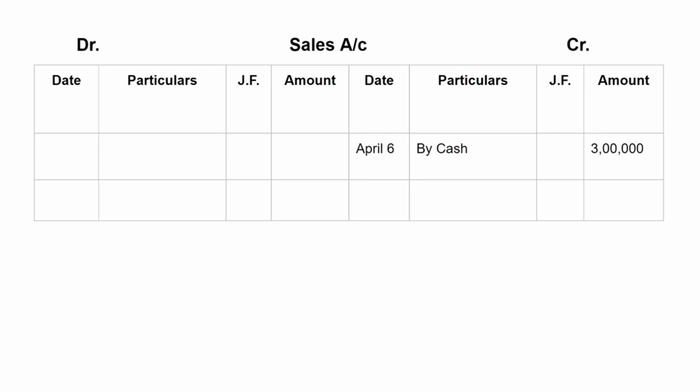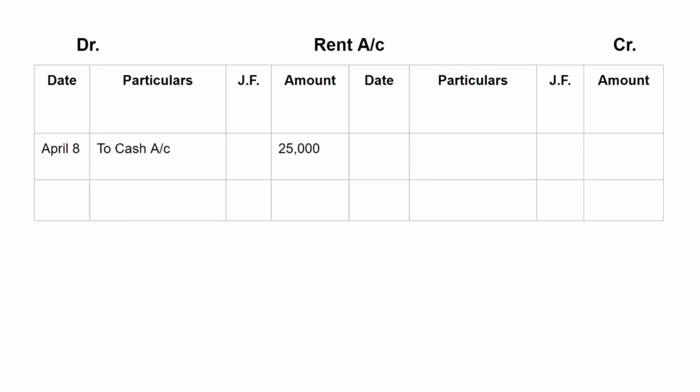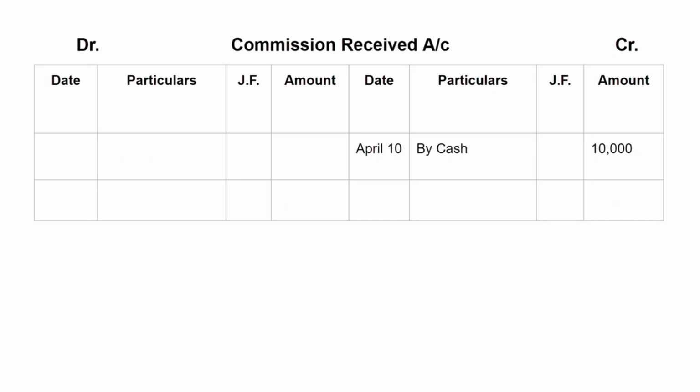Similarly, sales we have 3 lakh rupees and the total is 3 lakh on 30th April by balance carried forward 3 lakh rupees. And the next account is rent account and the total is 25,000 on 30th April by balance carried forward 25,000. Commission received account, total is 10,000 on 30th April by balance carried forward 10,000.